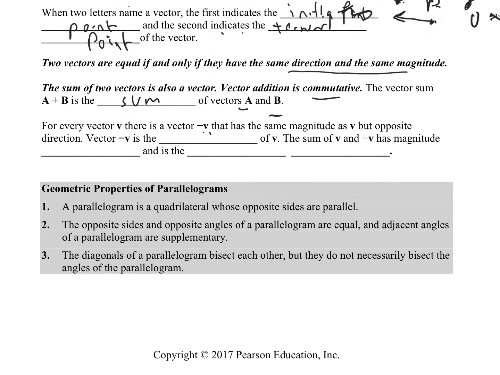Vector negative V is the opposite of V. And the sum of V and negative V has a magnitude of 0 if you add those two up. Thus, it is the 0 vector.